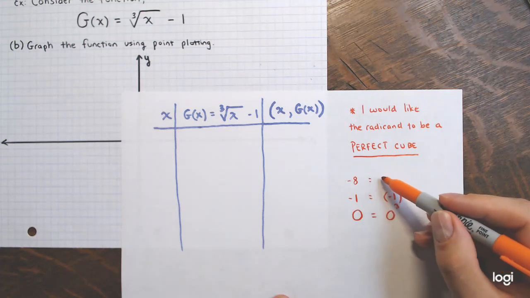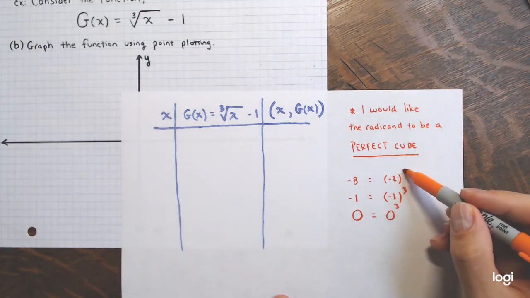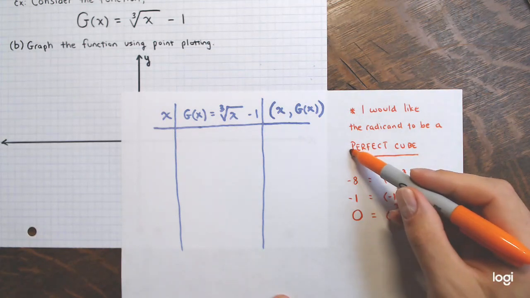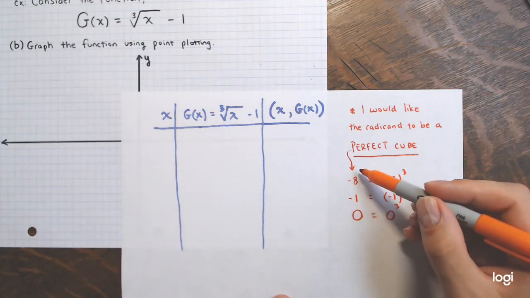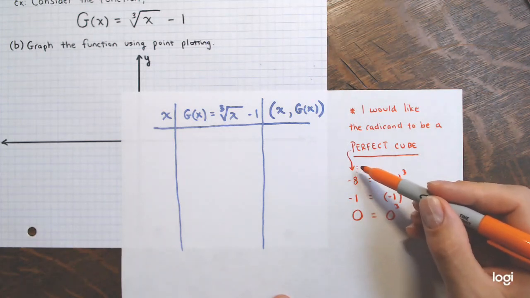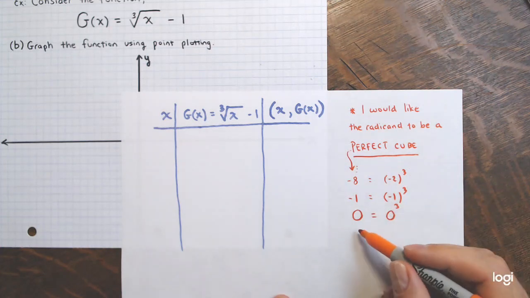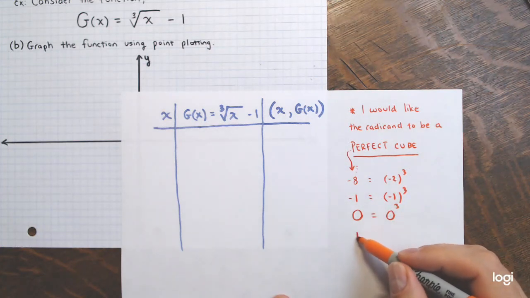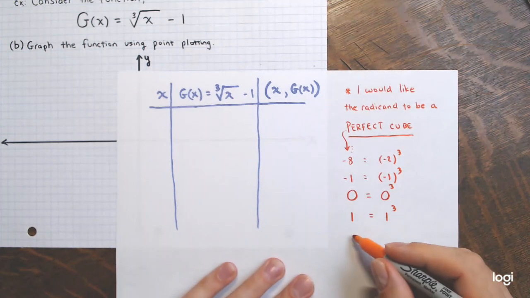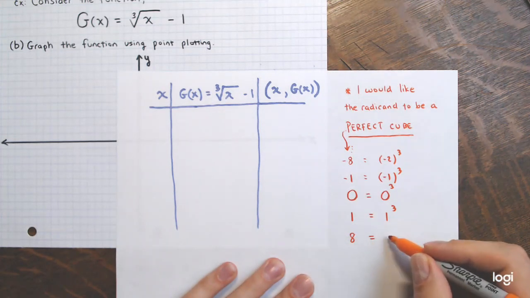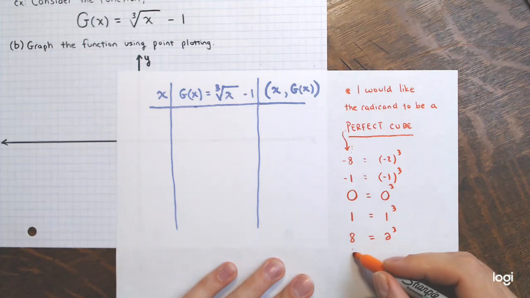That's negative 2 to the third power. So I want to plug these guys in. Right, -8, -1, and I could go, -27 is -3 cubed, and so on. And the positive perfect cubes, +1 is 1 cubed. All right, +8 is a perfect cube. That's 2 to the third, and so on.